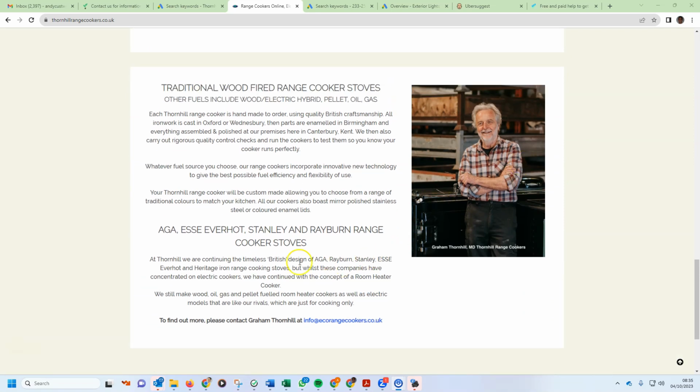Now within this page, you can see that there is reference to them creating a similar design to these other products, but it doesn't go into much detail. And the potential customer is perhaps thinking that they'd like to see a side-by-side comparison between the products on this website and the ones that they're currently considering.